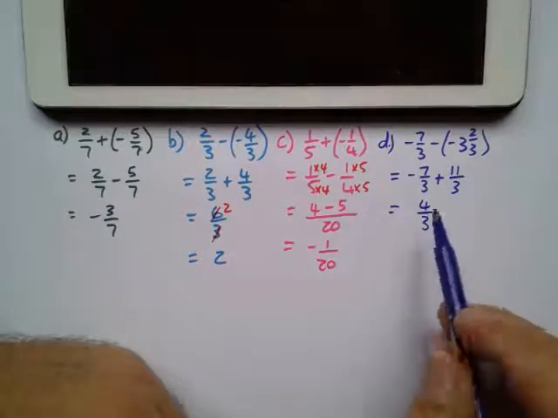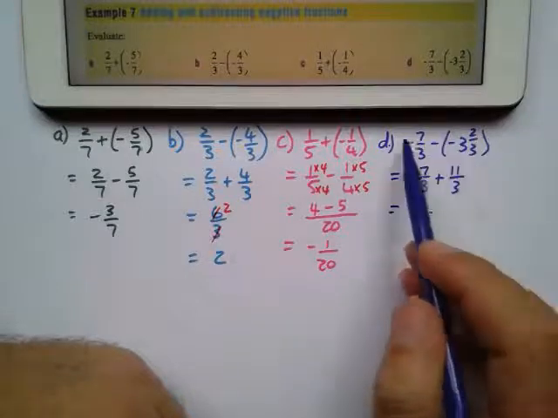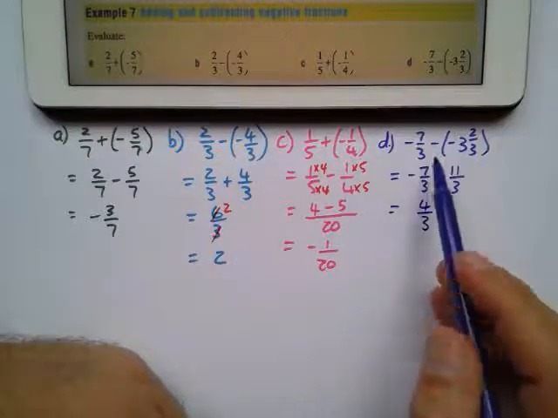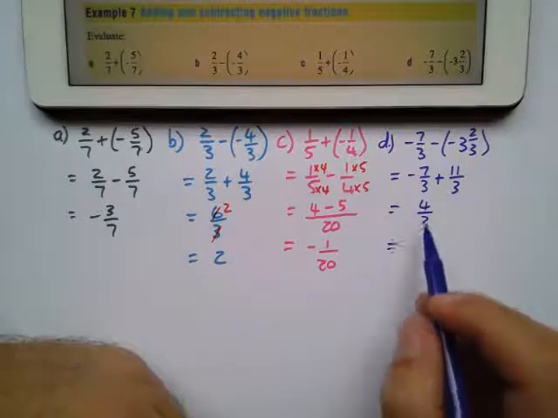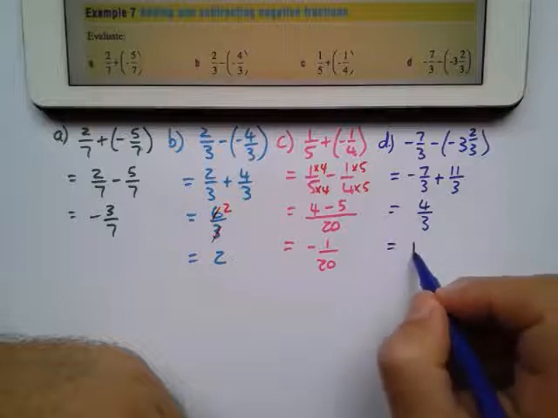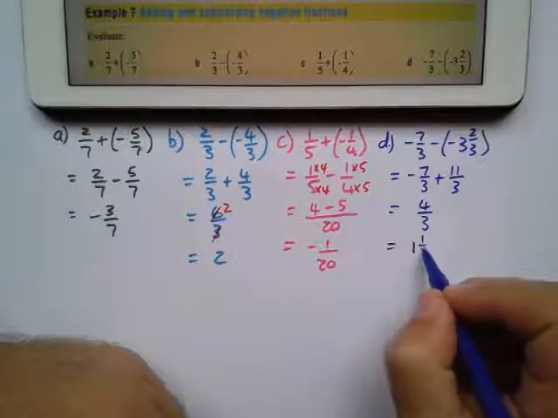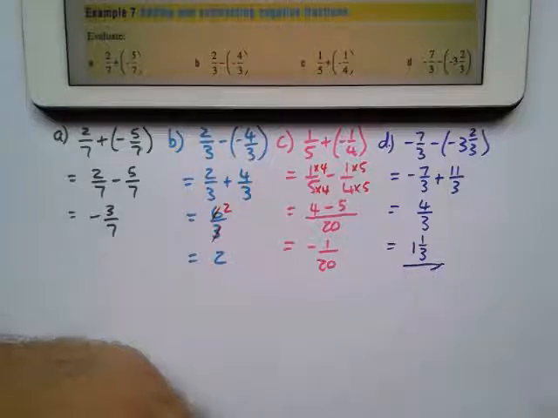Do I write that as an improper fraction or do I write it as a mixed number? If they have mixed numbers in the question, you have to change that to a mixed number. There was a mixed number, so I'll say 4 over 3. 3 goes in 4 once, remainder is 1/3, and that will be my answer.